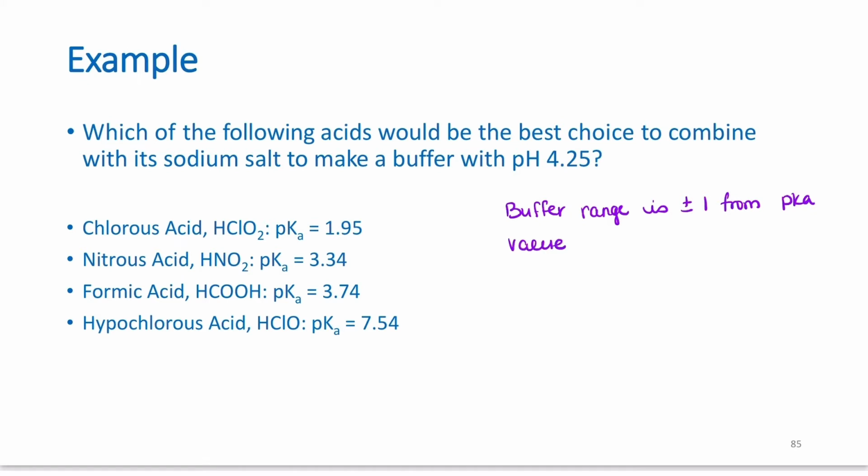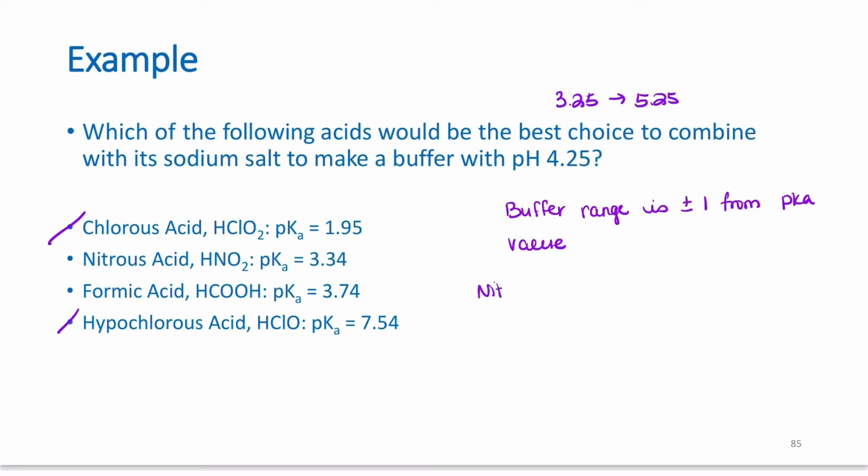When I look at these, I need a pKa value that is within the range of plus or minus 1 of 4.25, which means anywhere from 3.25 to 5.25 is valid. 1.95, not valid. 3.34 is valid. 3.74 is valid. 7.54 is not valid. So we're down to nitrous acid and formic acid.